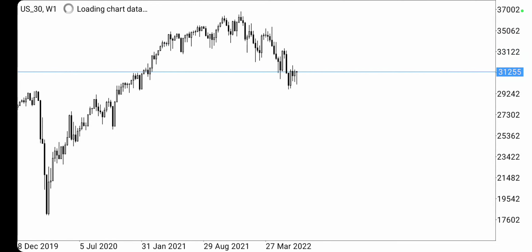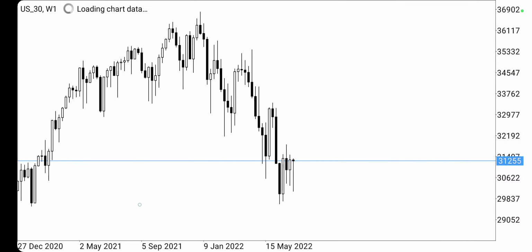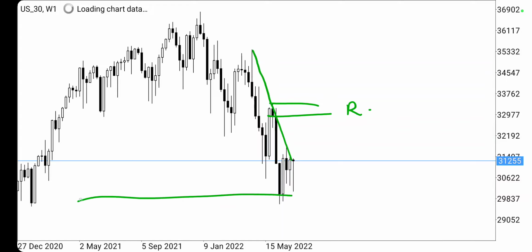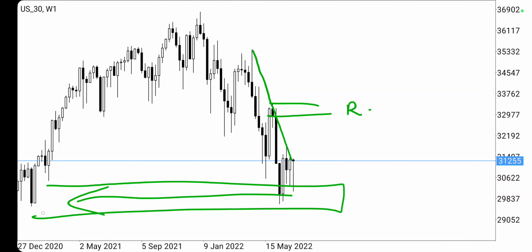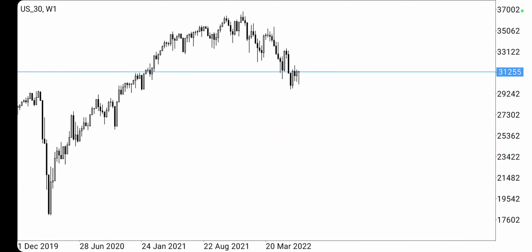So let's check our weekly. On our weekly, we have more or less the same stuff we had on our Nasdaq. So this is our weekly bearish trend line and our weekly resistance, and then you can just go back here and mark an area of support around there where the price is reacting.